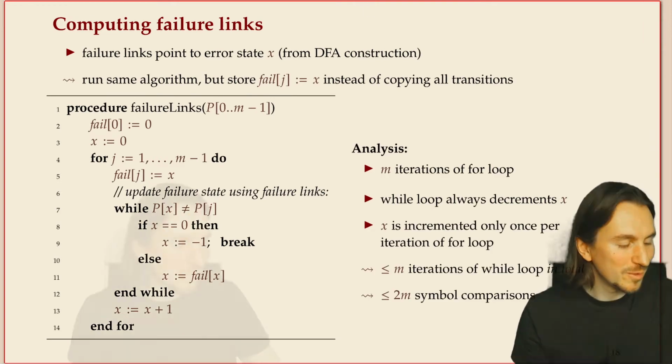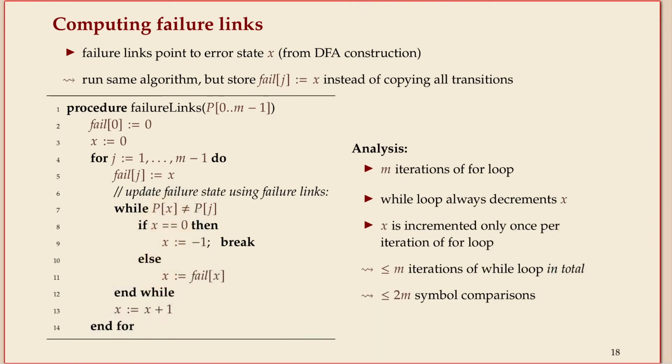And again, we want to analyze how long this takes. This loop takes m iterations. That's easy. But we have this inner while loop that could take our running time beyond m. But indeed it doesn't, because this inner while loop always makes x smaller, namely here.